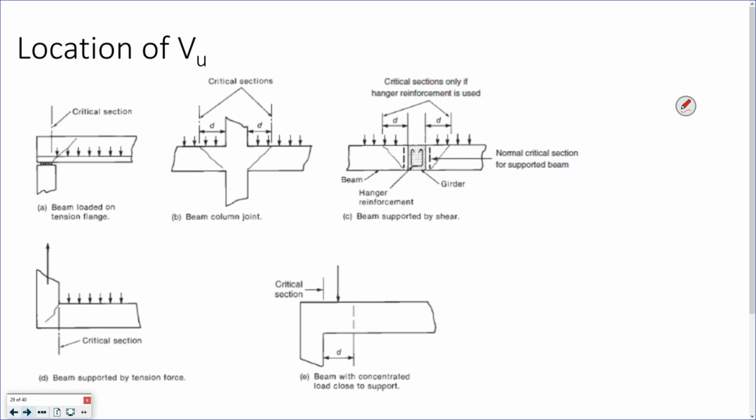If you're looking at locations, see this first one, beam loaded on a tension flange. Well, now your load isn't up on the top, it's in the bottom, so your critical section has to be at the face of the support. You can't come out a distance d. Beam column joint, obviously this would all be in compression, so you can go out a distance d from that column face.